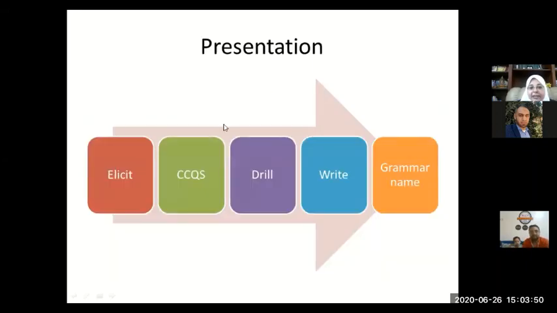We elicit, we concept check, we drill, and then we write the sentence on the board, and then we ask the students, what is the grammar name of the sentence, okay? CCQs are concept checking questions, and we will go into details on what CCQs are and how we form them. And then we drill the sentence for intonation and stress. And then I write the sentence on the board and ask them, what is the grammar name?